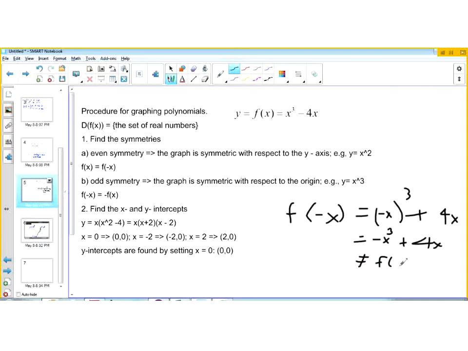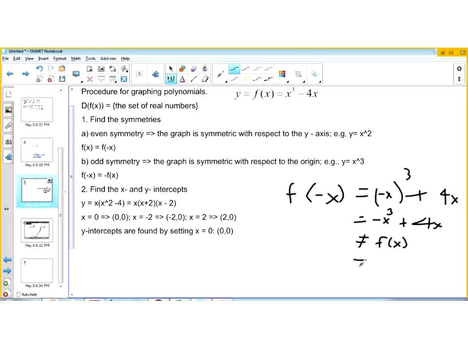And that does not equal f of x, and that also does not equal minus f of x. So this polynomial function will have no symmetry.